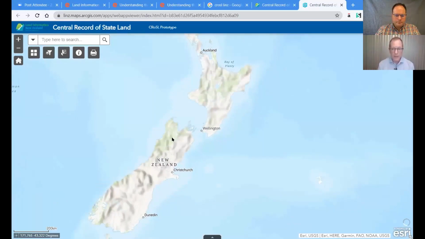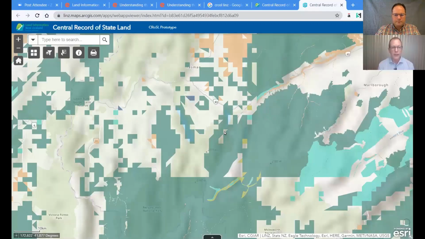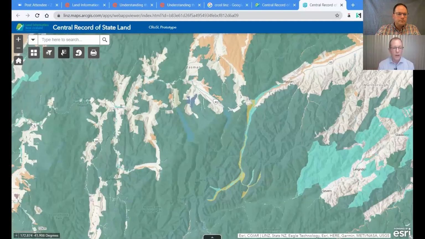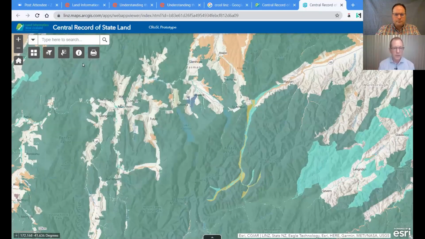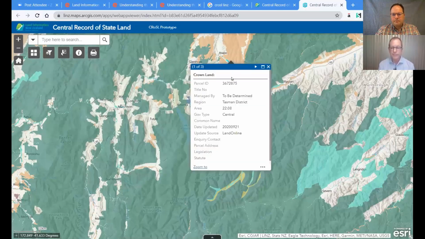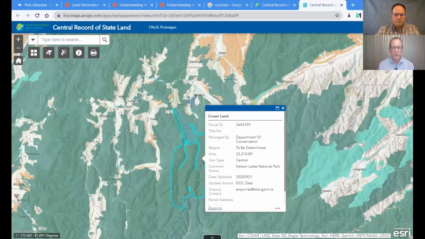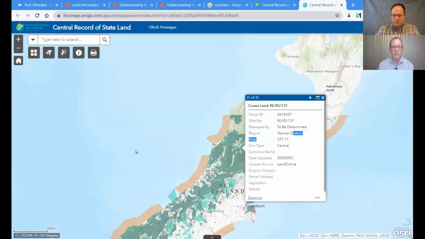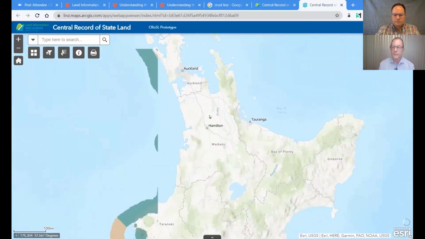But the program in LINZ that's dealing with that is the Central Record of State Land program, and Duane is showing you the online mapping system that they've put together so far, which has collated the information that they've been able to get from government departments to date. And that becomes an input into creating a property in a PDMF sort of model sense.